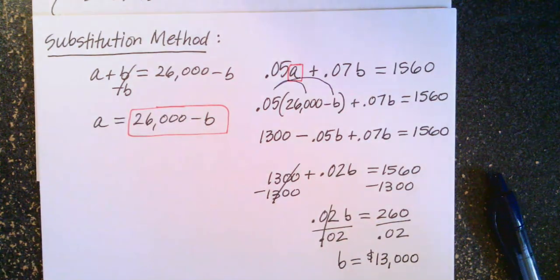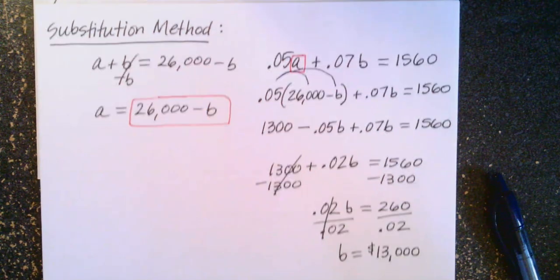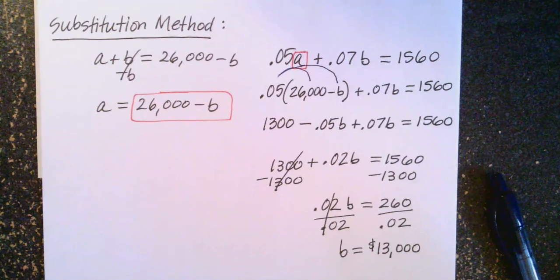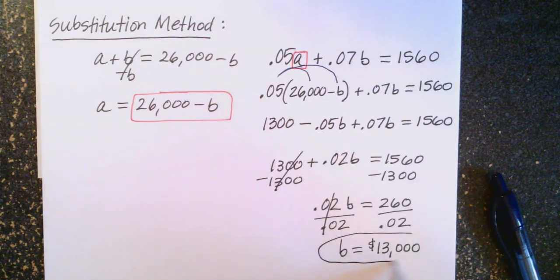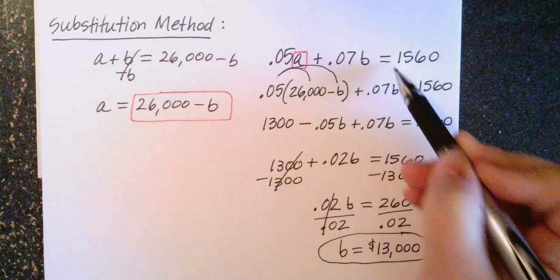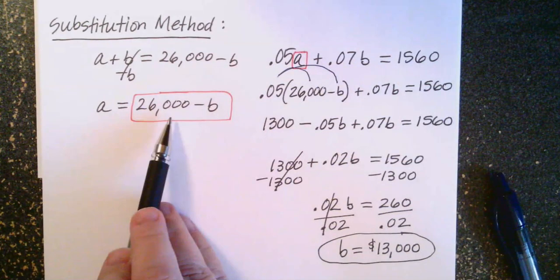The last thing we have to do with every method of solving a system is, once we get one variable alone, we have half the answer basically. We need to go back and figure out what the other variable is. You can take this back now and plug it in to find a in any equation that has both an a and a b. I'm going to plug it in here. It's probably the easiest.